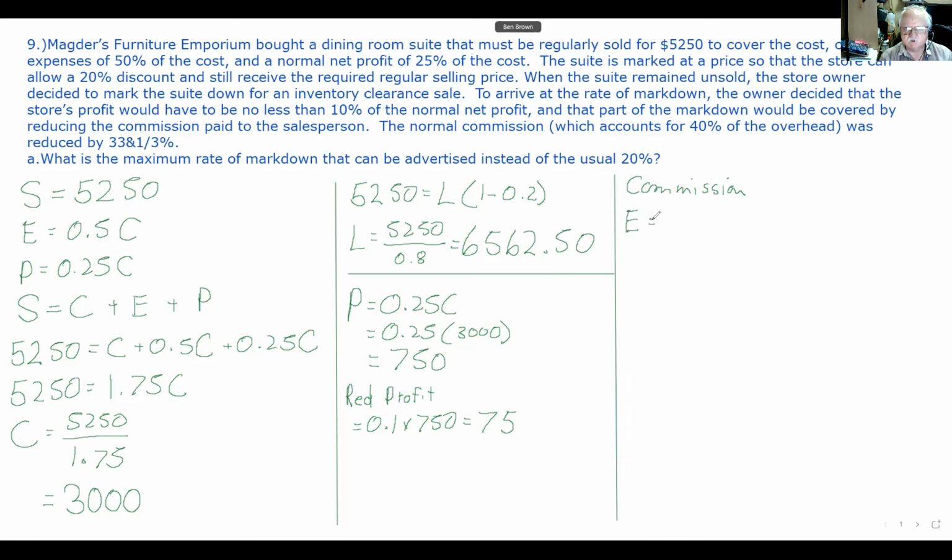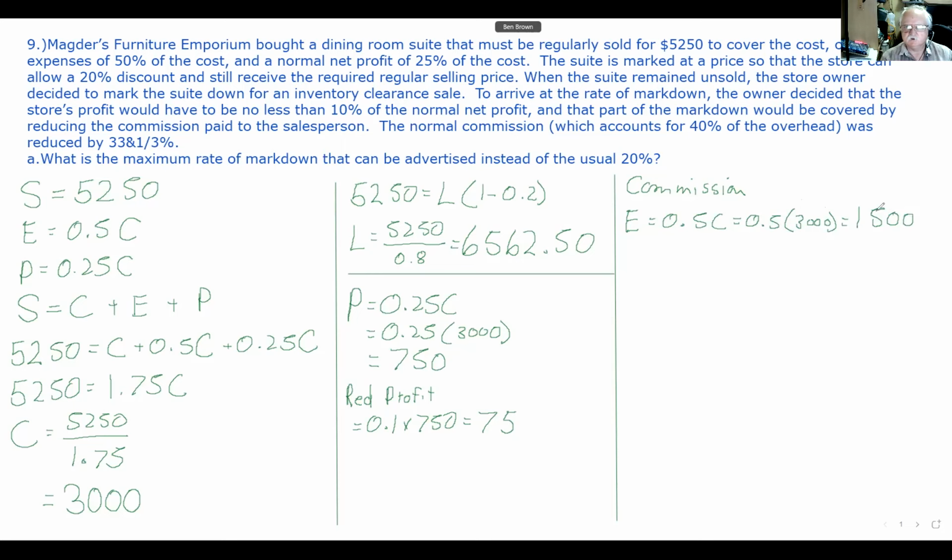So expenses equals 0.5 cost, which is 0.5 times 3,000. So what does that give us? 0.5 times 3,000 is going to give us 1,500.